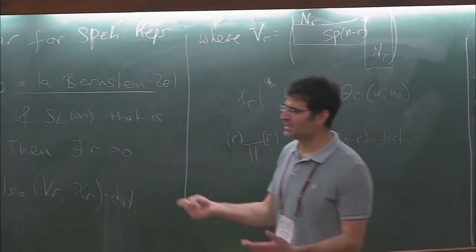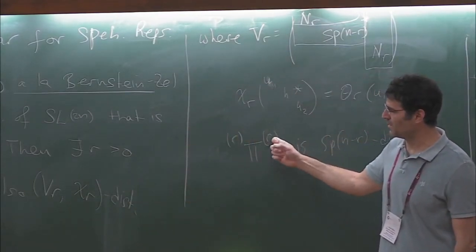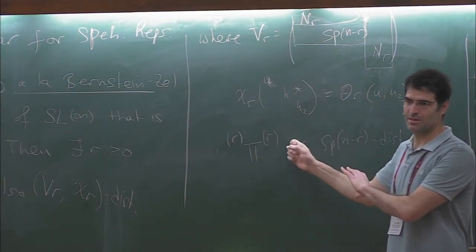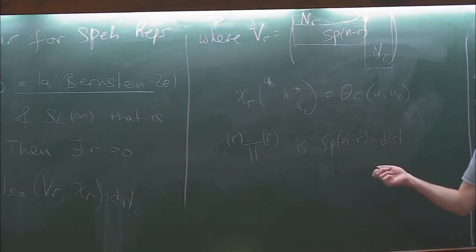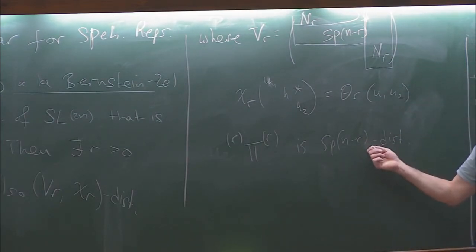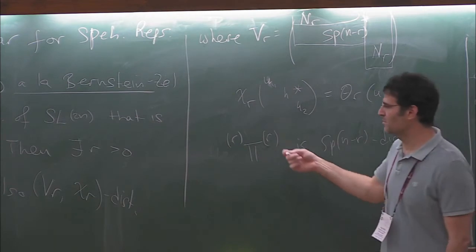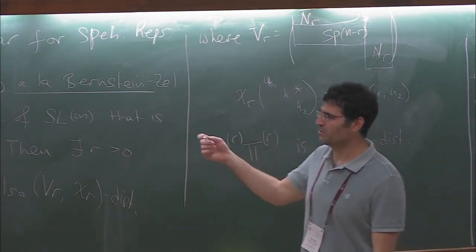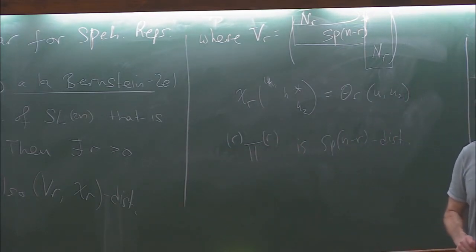So if you know that some rth derivative applied twice, once in the standard direction, once in the opposite direction, is SP distinguished, in particular it's non-zero, so it has to be the highest derivative. And from there, it's easy to deduce by induction that you actually have a model for this representation with respect to the Zelevinsky period.